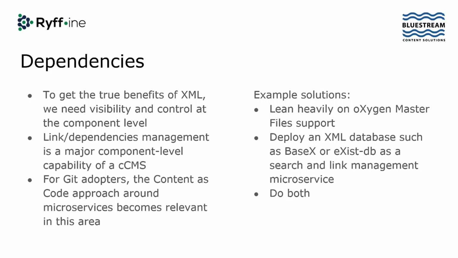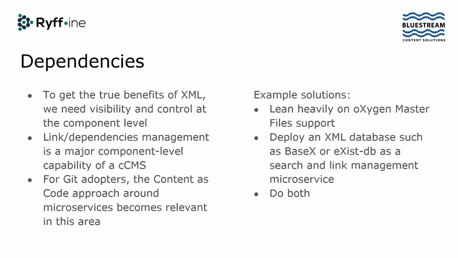I think you can do it with just real proper diligence and good practices around the way that you're using Oxygen and master files. Oxygen will track dependencies if they're identified as master files, and when you move stuff, Oxygen will tell you, hey, you're moving this, it's linked, it's got some dependencies, do you want me to update the dependencies?